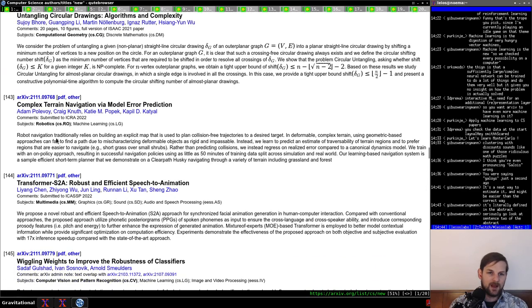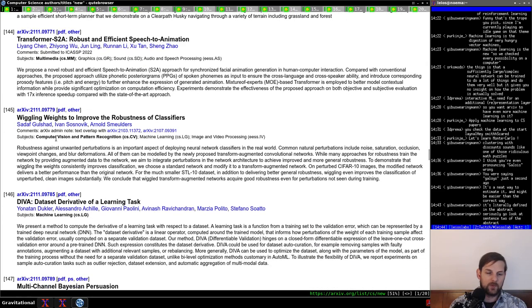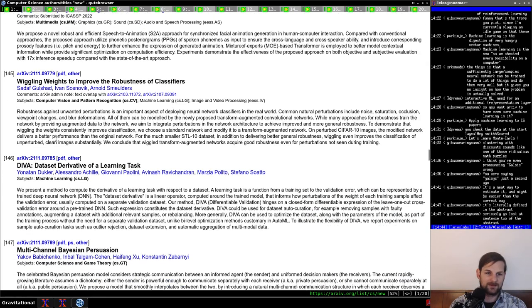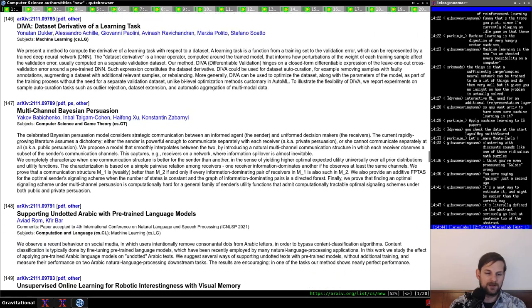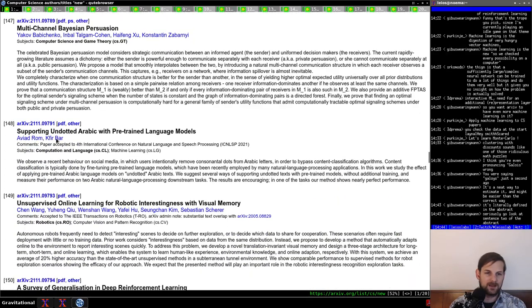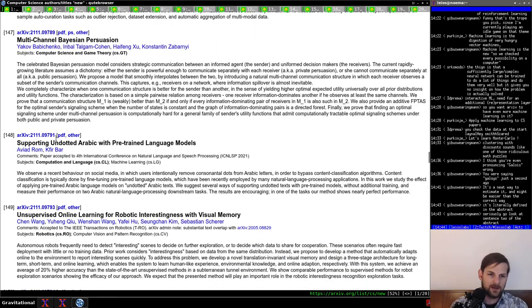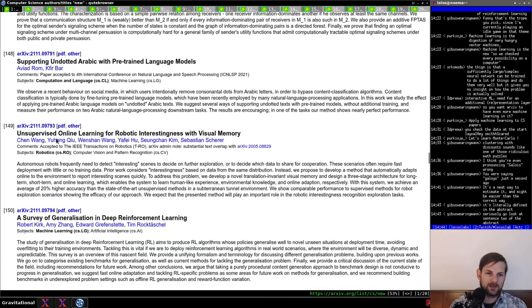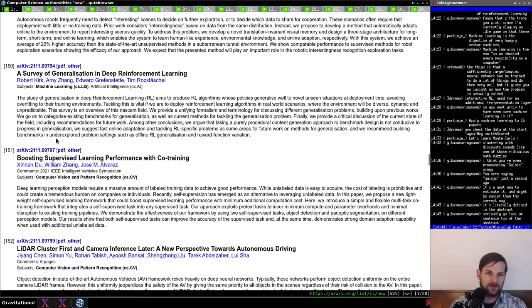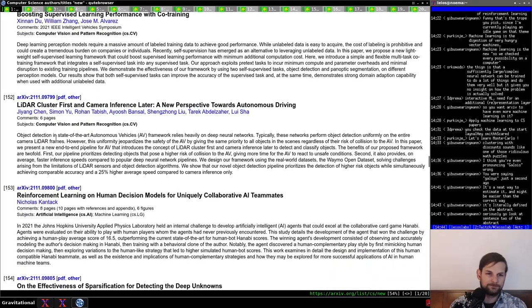Complex terrain navigation via model error prediction, transformers S2A, wiggling weights to improve the robustness of classifiers, DIVA datasets derivative of learning task, computer science and game theory, multi-channel Bayesian persuasion, supporting undotted Arabic with pre-trained language models, unsupervised learning, survey generalization, deep reinforcement learning, boosting supervised learning.